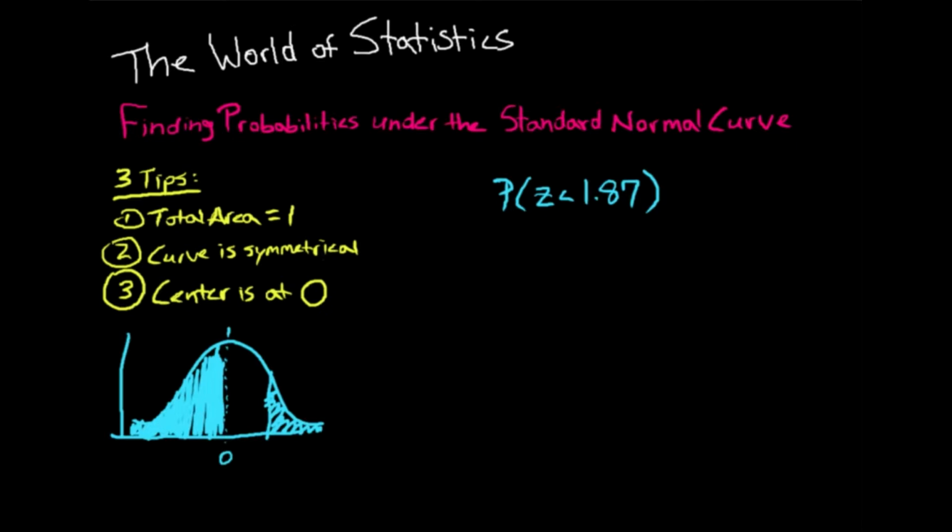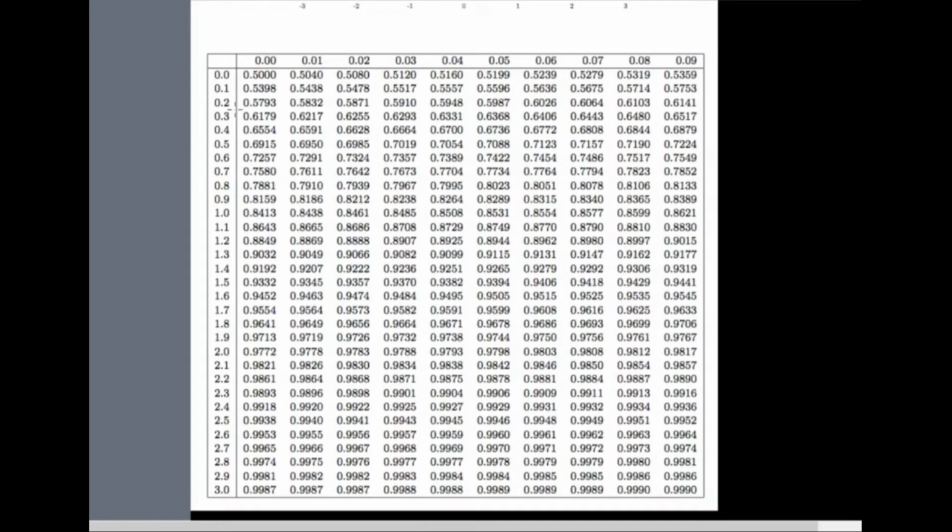For this next example, let's find the probability that z is less than 1.87. Let's draw our standard normal curve. We have 1.87, and we're going to find everything that is less than that value. Let's jump over to the positive side of the standard normal table. Our value is 1.87.